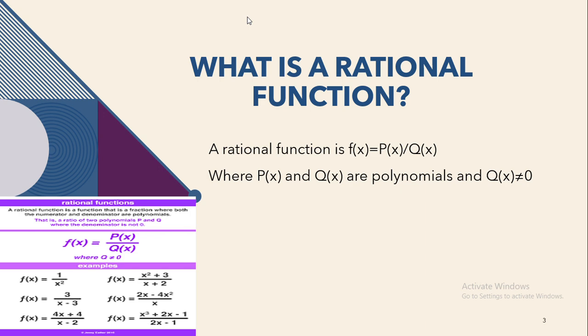The key rule is that the denominator q(x) cannot be 0 because division by 0 is undefined. Rational functions show up a lot in algebra when we work with graphs. Being able to simplify them correctly helps us understand their behavior and solve problems more effectively.